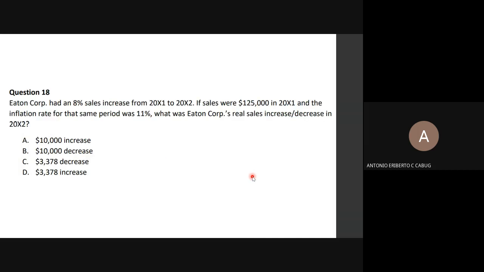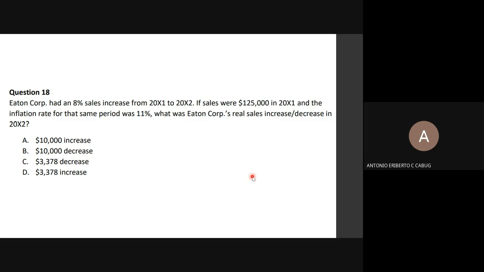Okay. If we are to consciously remove the impact of inflation, then what we are really looking into is the change in activity, the change in the volume of the sales, the units sold, the change of the volume of the work, kung dumami ba yung trabaho. Okay. So, hindi maganda kapag base lang tayo sa revenue, pero yung revenue pala, tumaas lang dahil tumaas yung presyo ng item natin.